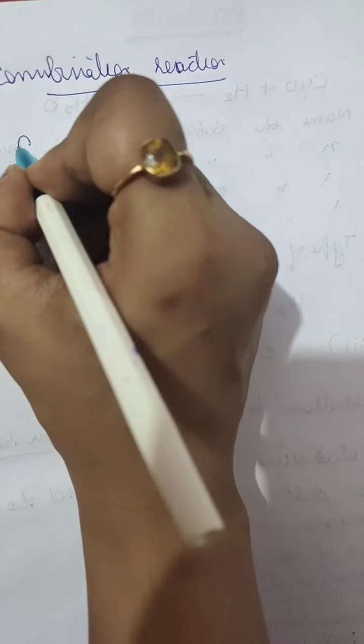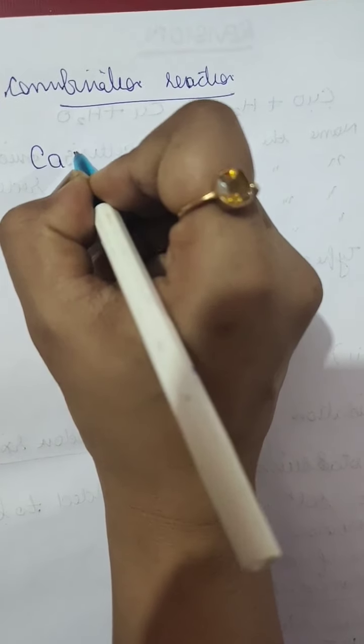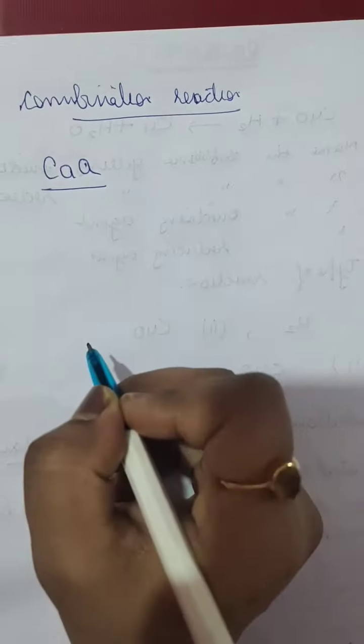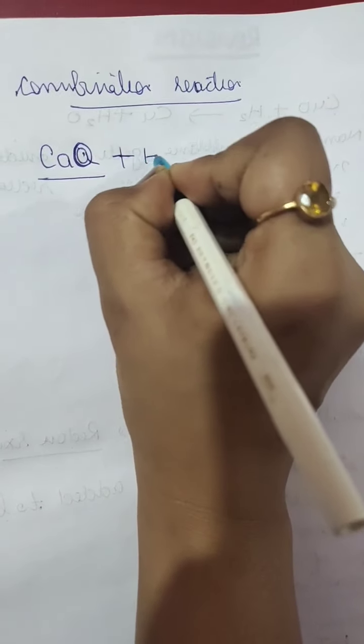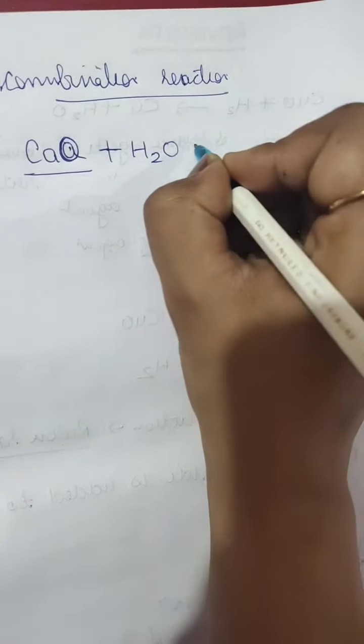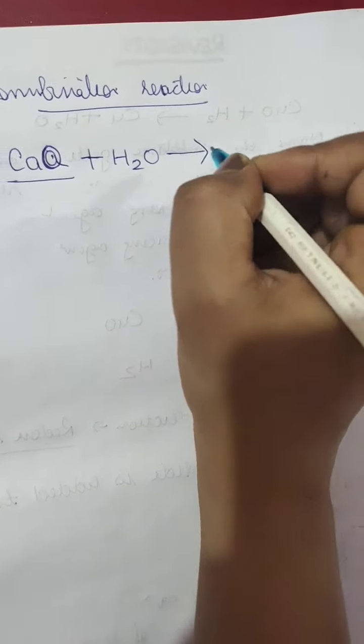Okay, so there was a reaction, this is the quicklime, CaO is also called quicklime. I have told you all these things in detail. CaO, calcium oxide, when mixed with water, is an exothermic reaction and a combination reaction.